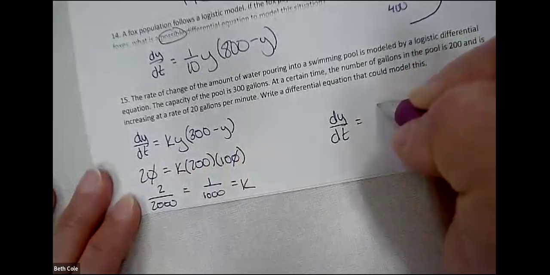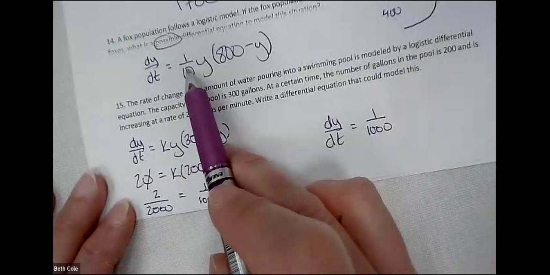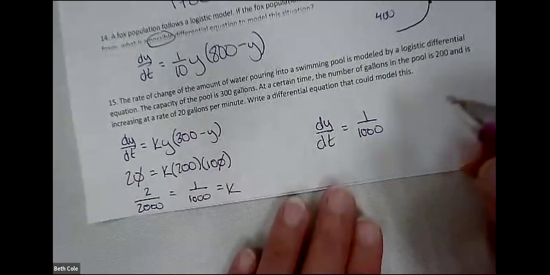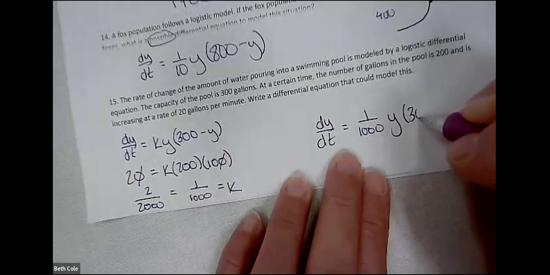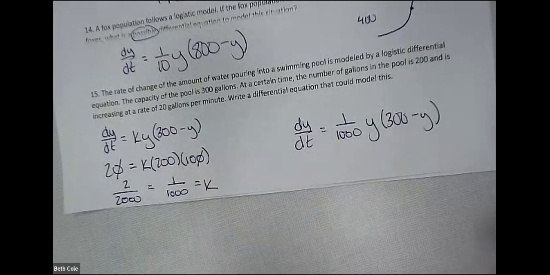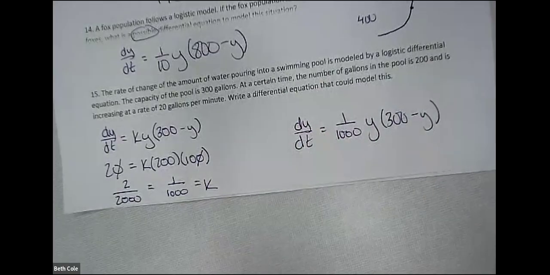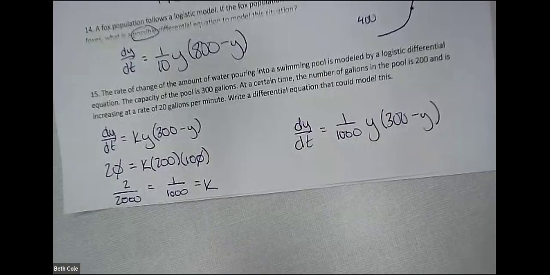That is our k value. So writing out our differential equation, it's going to be 1 over 1,000. And see, that's the value that I didn't know here because we didn't have enough of this other information to find it. So it'll look like that. And again, I used y. They might use F for foxes, or, oh sorry, this one was about water. They might use W for water or something like that. But it'll be multiple choice.